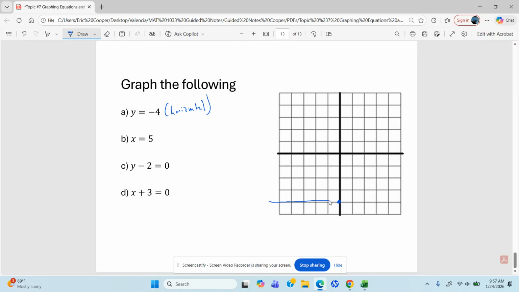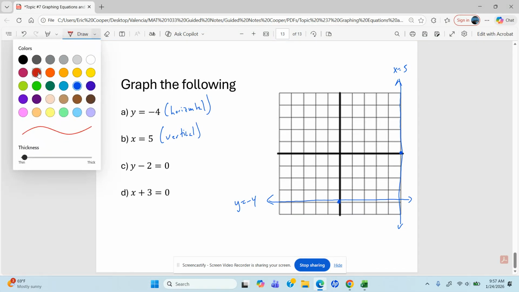So we'll draw a line that goes through like that. This is y equals -4. x is a vertical line. So I need to draw a vertical line that goes through at 5. 1, 2, 3, 4. Here's x at 5. So I'll draw a vertical line that goes like this.